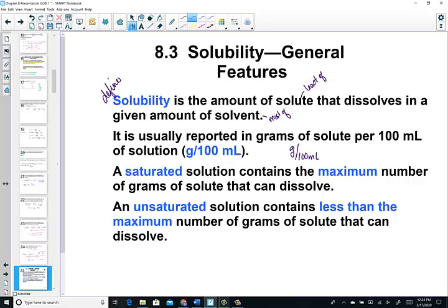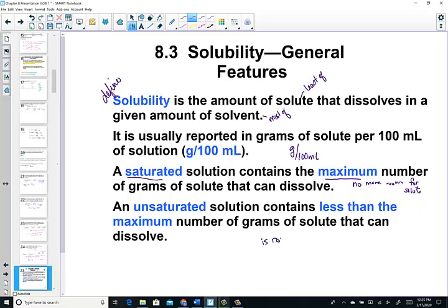If a solution is saturated, it is holding as much solute as it possibly can. It's holding the maximum number of grams of solute that can dissolve. There is no more room for additional solute. It's filled up. And if we have an unsaturated solution, it's containing less than the maximum number.